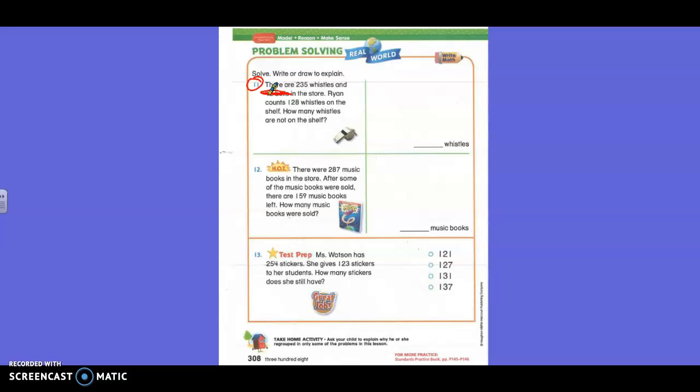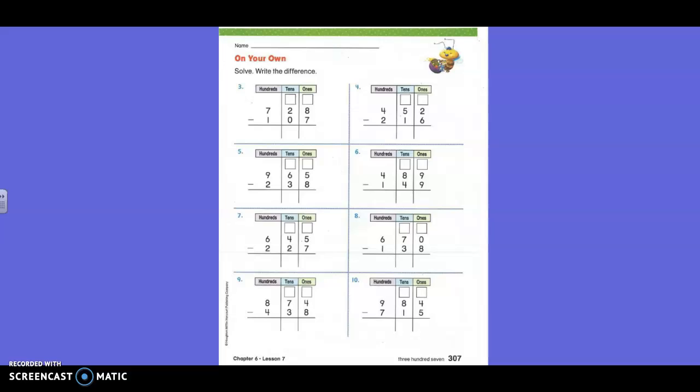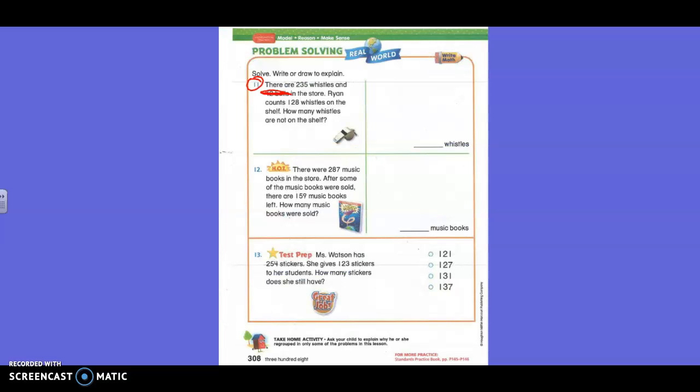So all the rest of these will be subtraction. You shouldn't have to guess. Now, the back of your homework, the first two questions will be subtraction, but the other ones might have some addition because they do review skills again. So let's not get tricked on those, because after looking at some of your math yesterday, some of you guys are getting tricked. You're doing addition instead of subtraction.